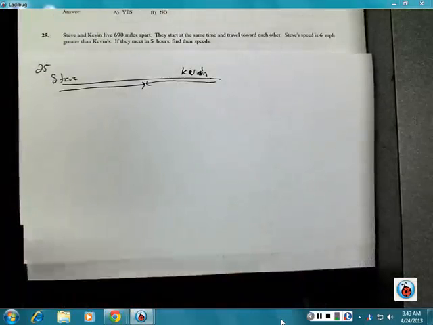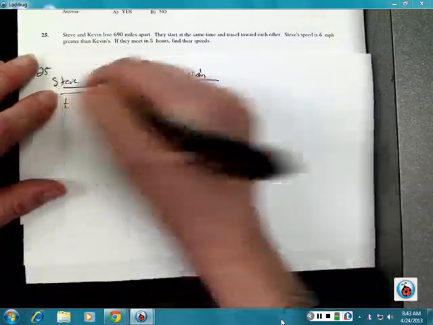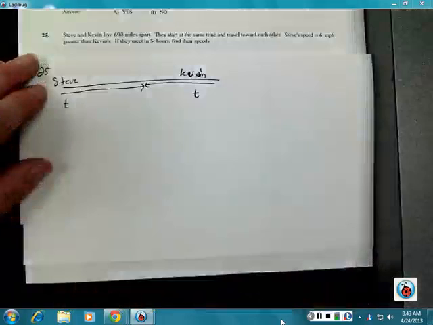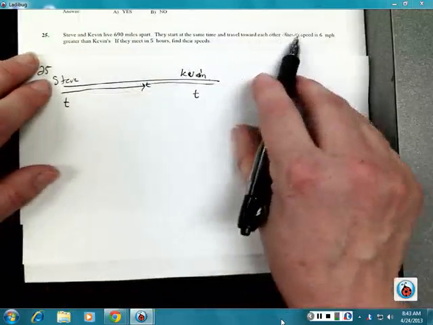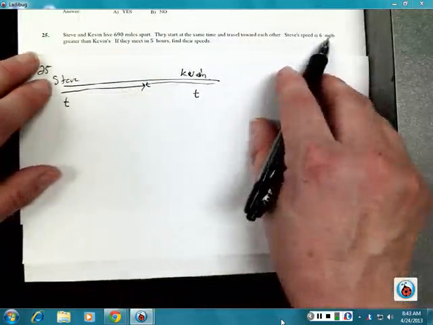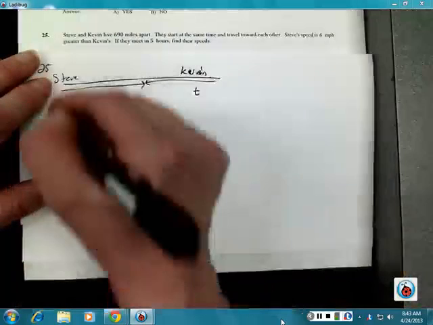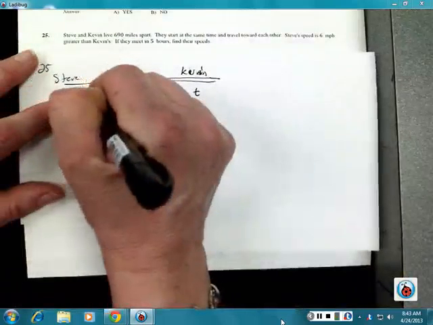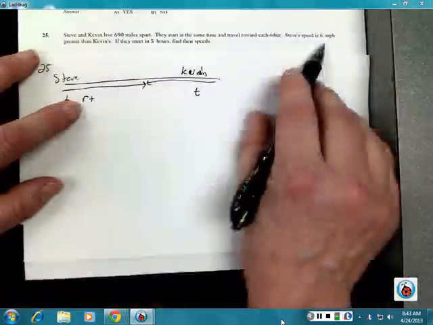They start at the same time, so time for both of these individuals is exactly the same. Steve's speed is 6 miles per hour faster than Kevin's. So Steve walks at a rate plus 6.